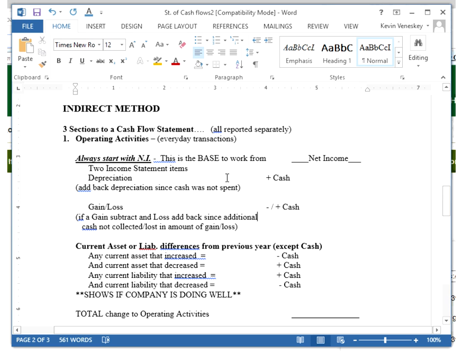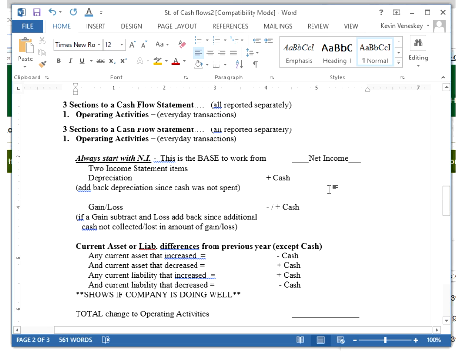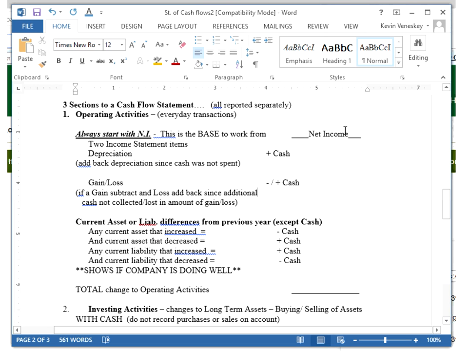Remember what I had said at the very beginning. We always start with net income. It's a good starting point to see how much cash we're bringing in versus paying out. And then once we have, under the operating section, the net income down, then we look for those 2 income statement items that never, ever affect cash.